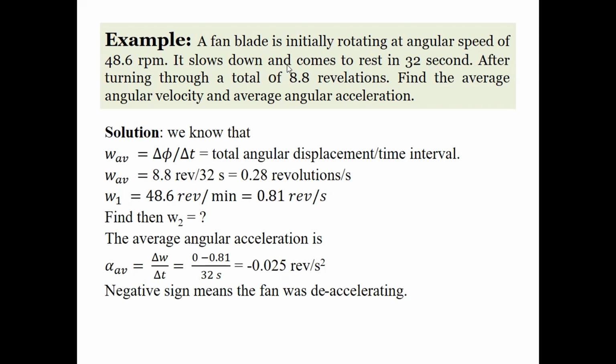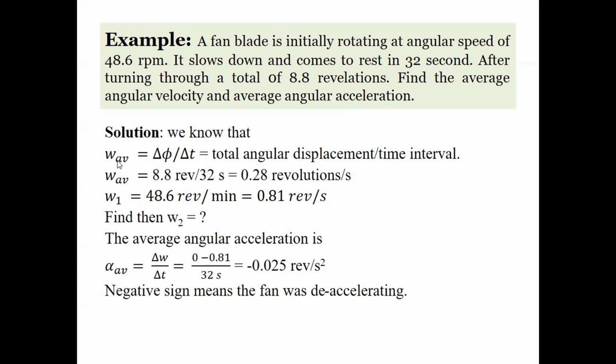It slows down and comes to rest in 32 seconds, after turning through a total of 8.8 revolutions. Find the average angular velocity and average angular acceleration. So we have to find the average values.